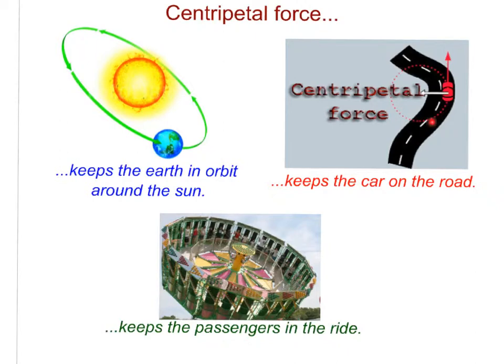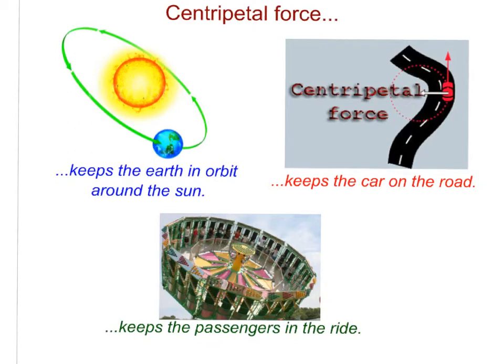Centripetal force keeps this car on the road. In this case, it's the friction between the tires and the road that creates that centripetal force to keep the car on the road. Centripetal force keeps the passengers in the ride.